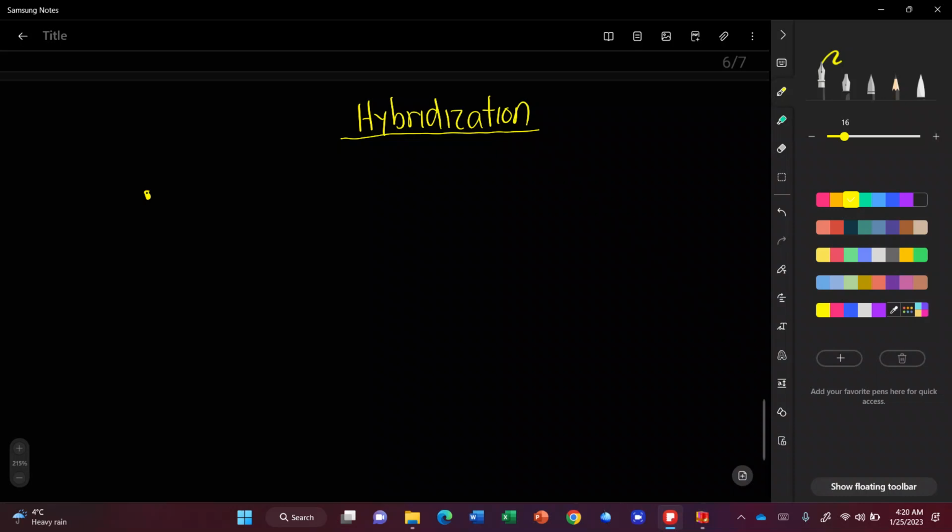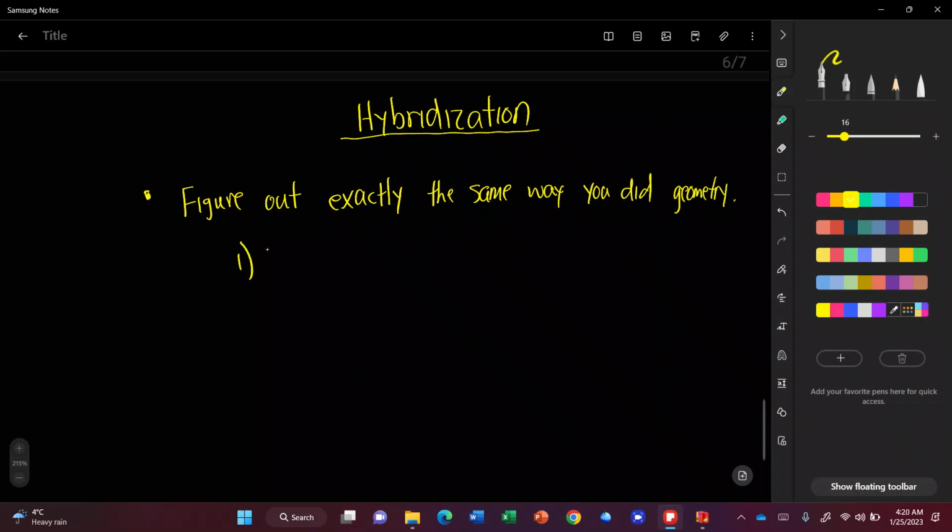And it turns out that you figure out hybridization exactly the same way you figure out geometry, meaning you count the number of electron domains. And once you know the number of electron domains, you know the hybridization of that particular atom.